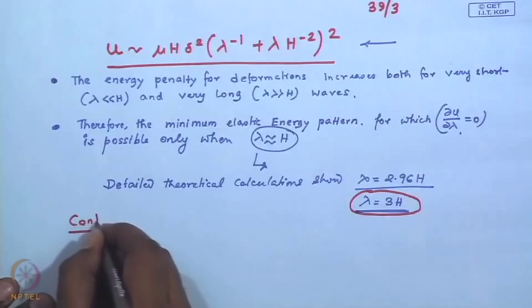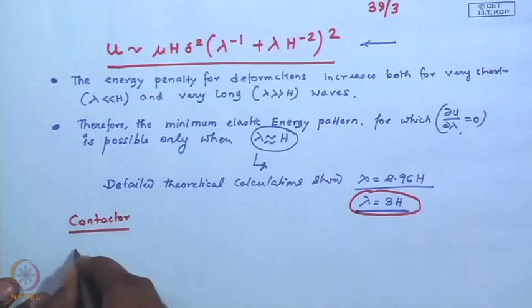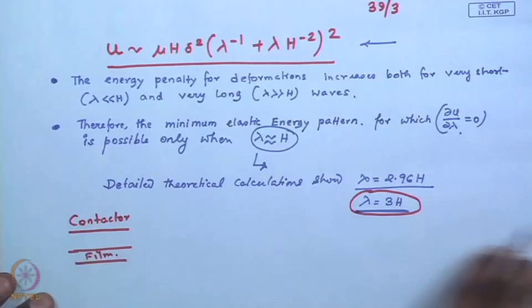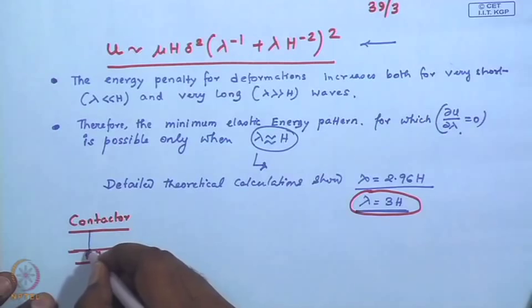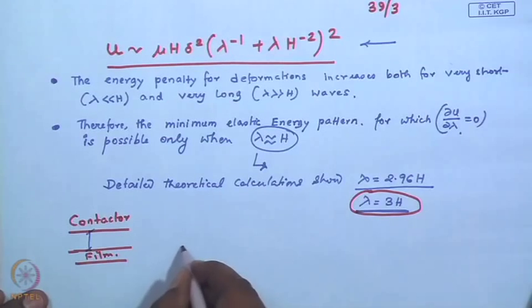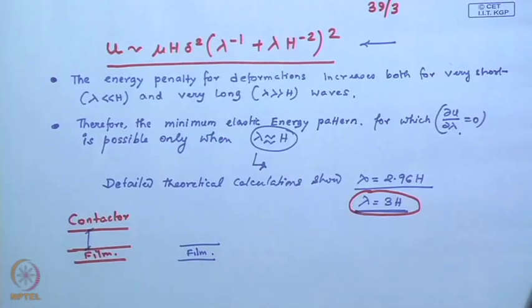First difference, this instability is triggered by an intersurface attractive interaction. So, you have to have a contactor and then you have a film, and the instability results due to an attractive interaction between the contactor and the film, rather than a spontaneous instability as observed in a purely viscous liquid thin film.